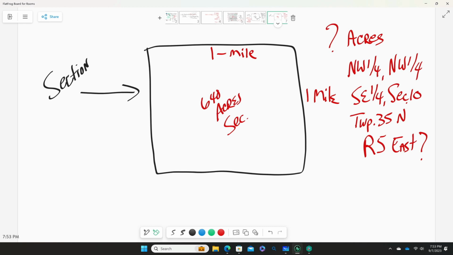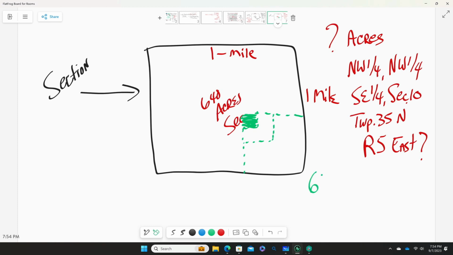And by the way, if I wanted to draw this out, I would read it backwards and say the southeast quarter of the northwest quarter of the northwest quarter. So this is what he sold, this piece right here. In this question, they want to know how many acres that is. Well, it's real easy.